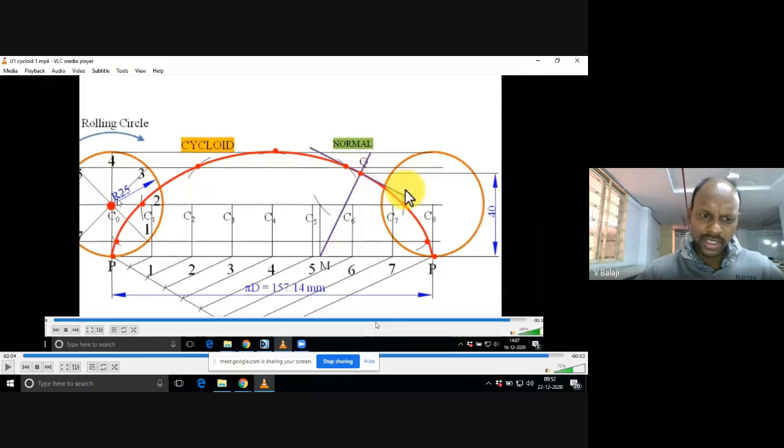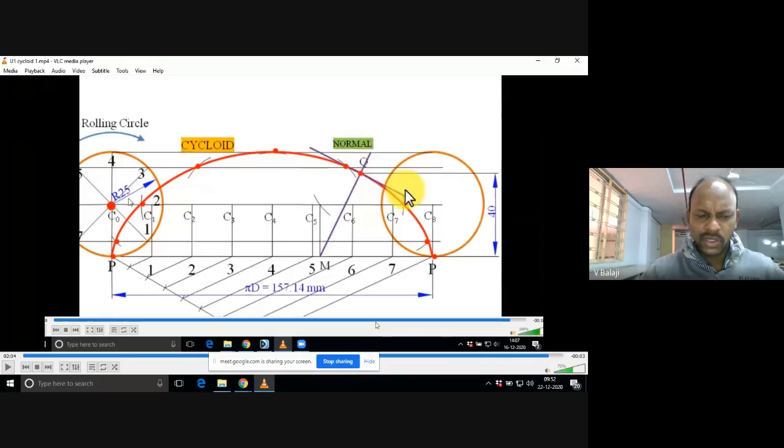Simply R25. While putting a dimension for radius, from the center you draw one inclined line with only one arrowhead, and you write R25. That is the representation of radius.